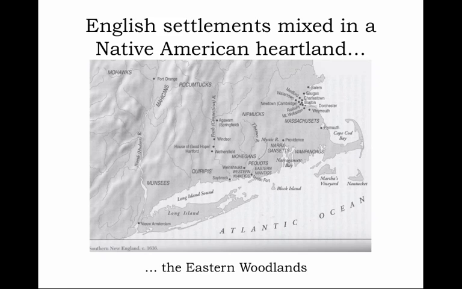And you can pick out some of the tribal names that will lend themselves in many cases to the naming of towns and cities and that sort of thing.